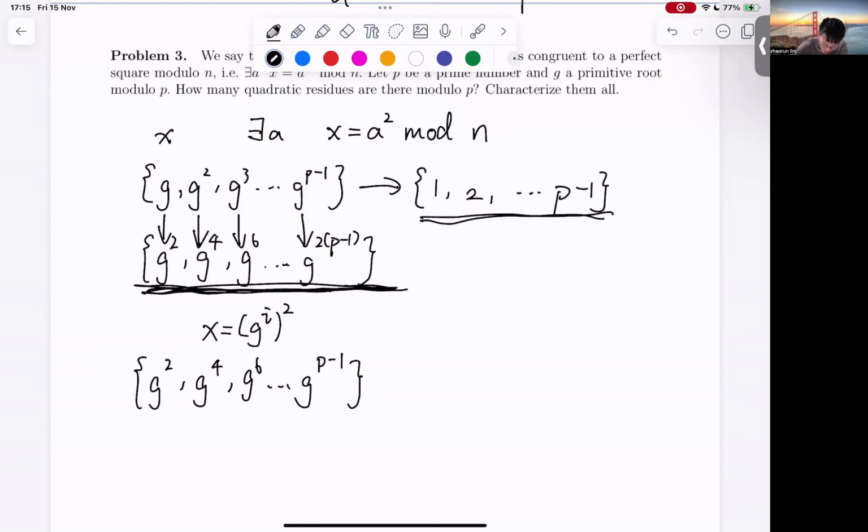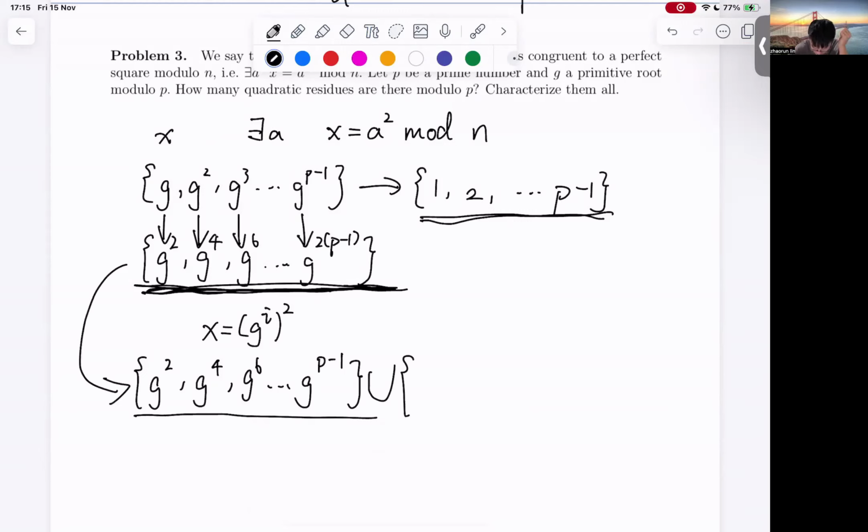So these are the quadratic residues, and for those left, this set is actually written as this, plus 2, p minus 1, plus 4, and all the way to 2 times p minus 1.